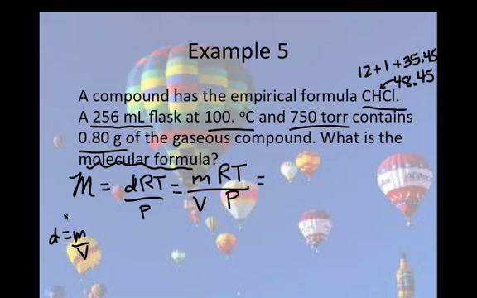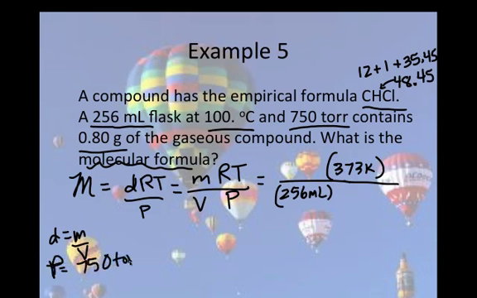What's my mass? Oh, I have to do all these conversions. So let's see. Volume's okay, I can use that. 256 milliliters. That one's fine. But then the temperature, I'm going to have to convert, right? 100 plus 273 is 373 kelvins.